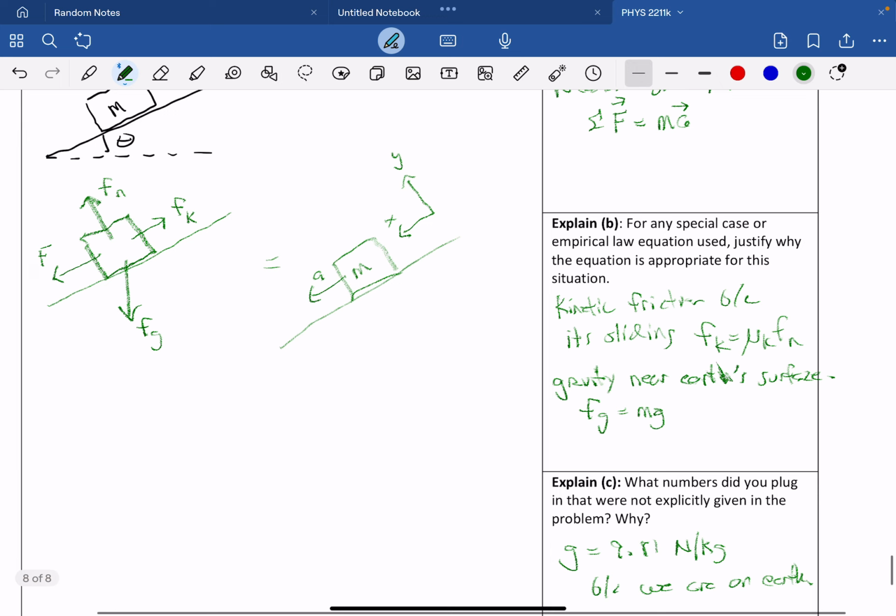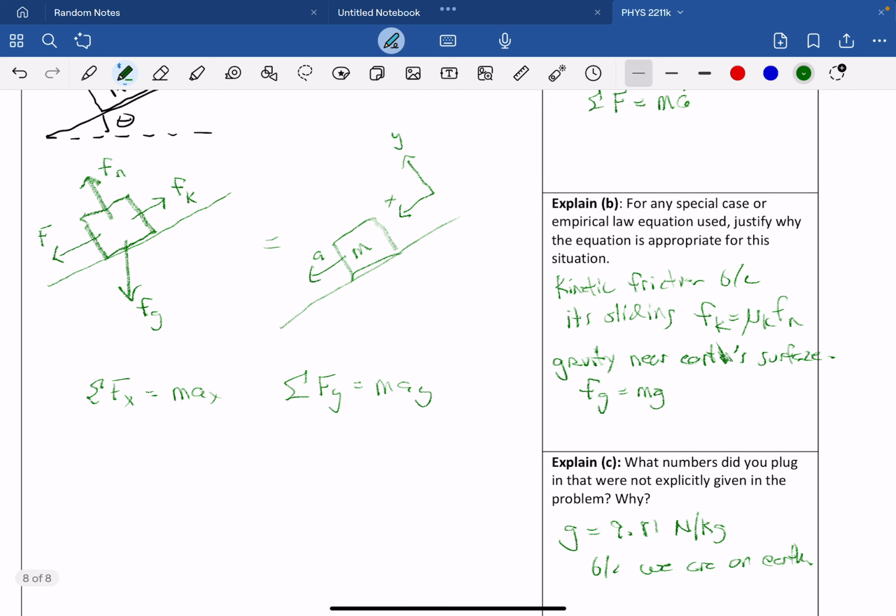Okay, so now we continue as we do most problems. We're going to add up all the forces in the x direction and set that equal to mass times the x component of the acceleration. We're going to add up all the forces in the y direction and set that equal to mass times acceleration in the y direction.